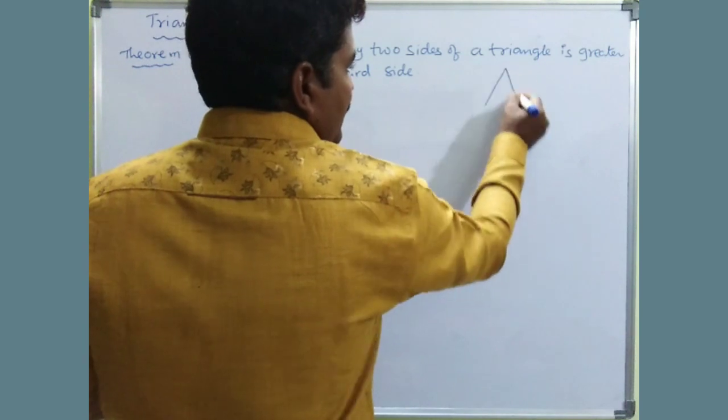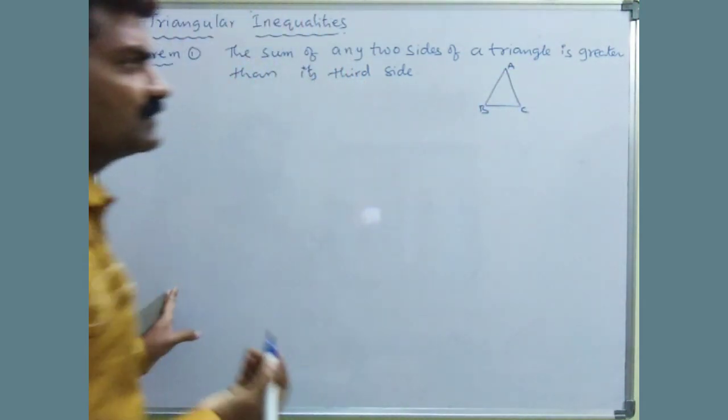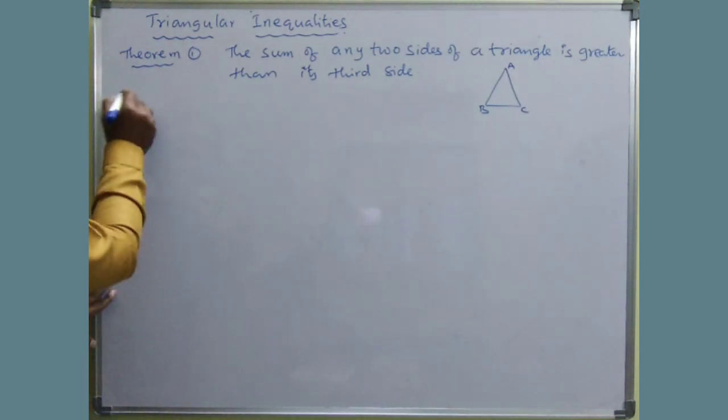So let it be a triangle ABC, isn't it? So what we need to prove? Sum of any two sides of a triangle is greater than the third side.